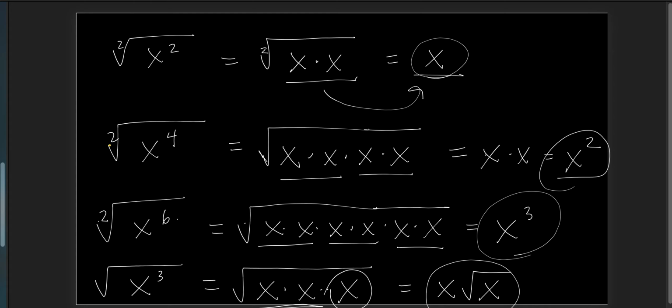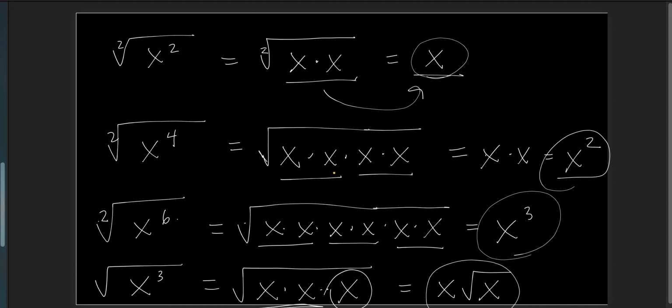And here we have the square root of x to the 4th. You might be asked to simplify the square root of x to the 4th. So a good thing to do, especially when you're starting out, is to write out 4 x's. So I did that here. Here's 4 x's. And there's that 2 right here that tells you that you're looking for pairs of things. So I underlined a pair here.